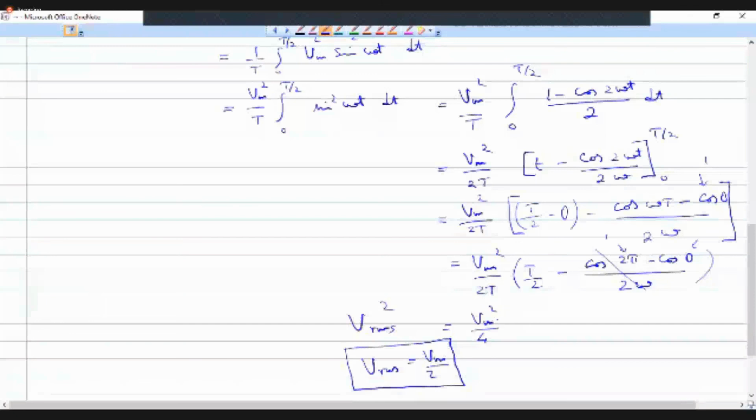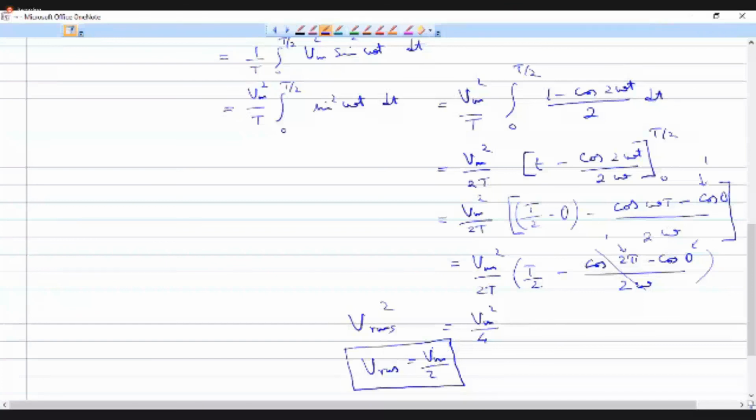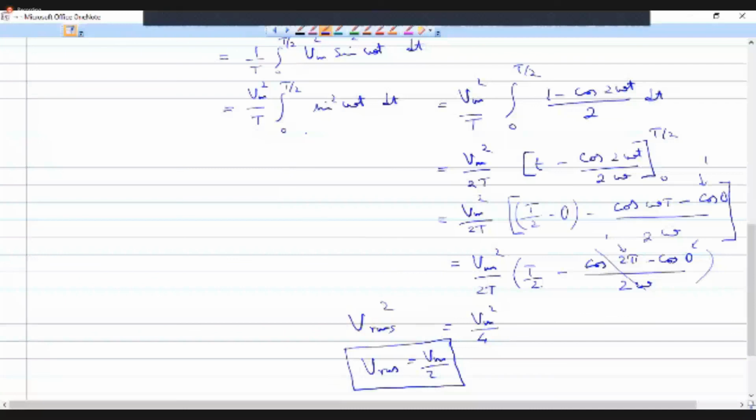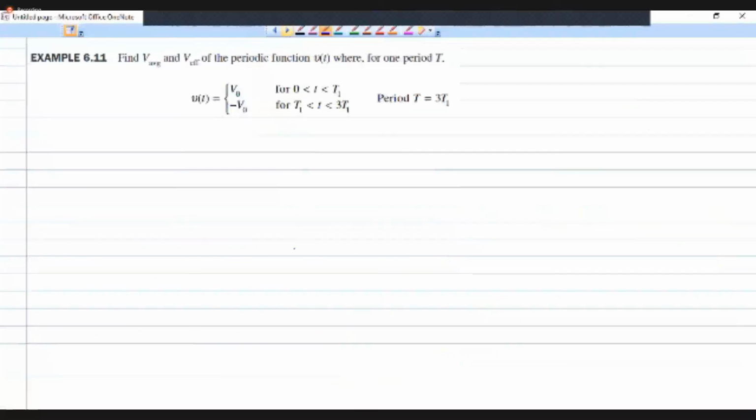Okay. So for a sinusoidal wave, Vrms is equal to Vm by root 2. For a half wave rectified voltage, Vrms is equal to Vm by 2. Okay, so you can do this exercise. I hope many of the textbooks also contain the solutions for this.